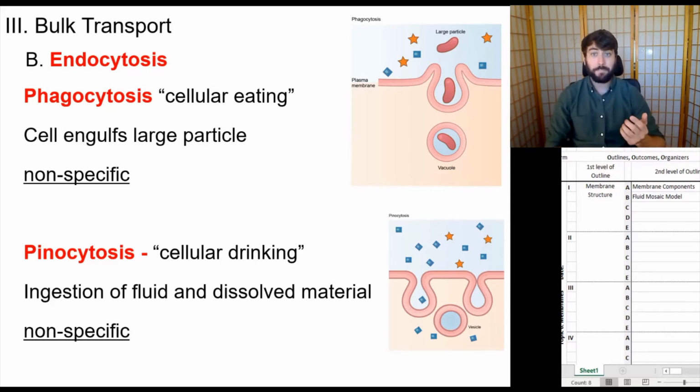Similarly, pinocytosis is considered cellular drinking, and it's when a cell takes in fluid and the dissolved materials in that fluid. In other words, lots of little stuff suspended in a fluid, right?